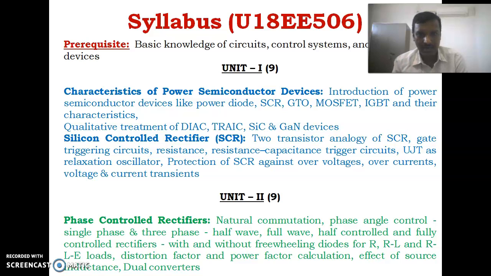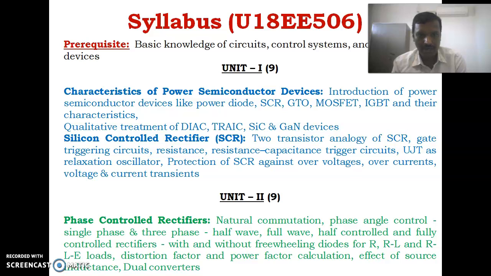Unit 2 also has 9 lectures. In this unit, we cover phase control rectifiers, which convert fixed AC to variable DC, with the best example being the control of a DC motor. We will deal with single phase and 3 phase fully controlled rectifiers, half wave, full wave, and semi-controlled rectifiers with resistive, inductive, and motor loads.